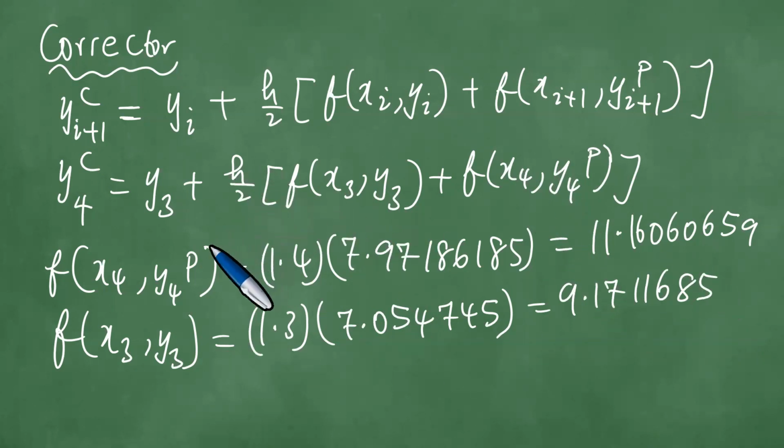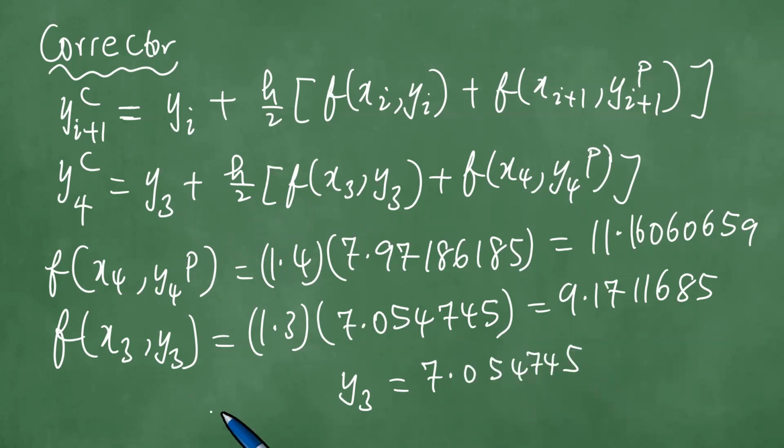H we know, Y3 we know, because Y3 is this one here, 7.054745. So right, we are in business now. We got all these, so let's proceed.